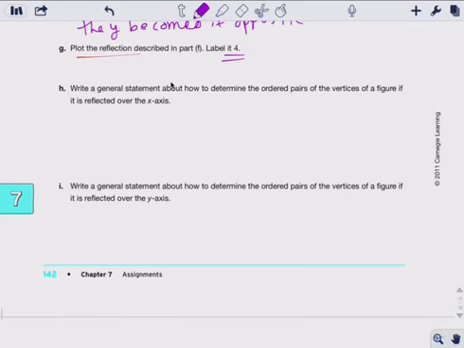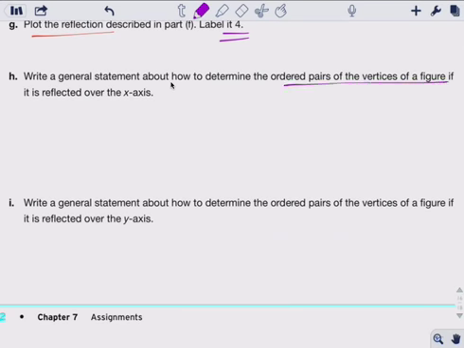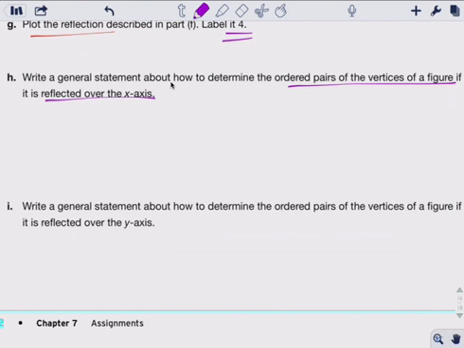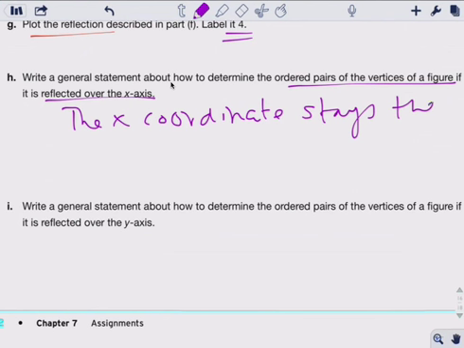Write a general statement determining the ordered pair of vertices if it's reflected over the x. The x coordinate stays the same. And the y becomes its opposite. Wow, they want the y coordinate.